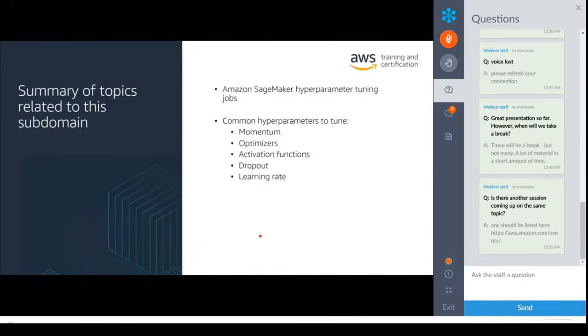So tuning hyperparameters, you really need to know that SageMaker has this. This is a feature of SageMaker to automate the drudgery out of your day. So that as a data scientist working with machine learning, you don't have to spend your human time babysitting the search for good hyperparameters.